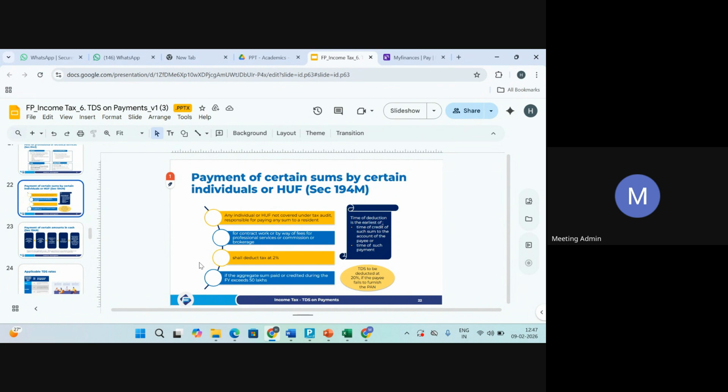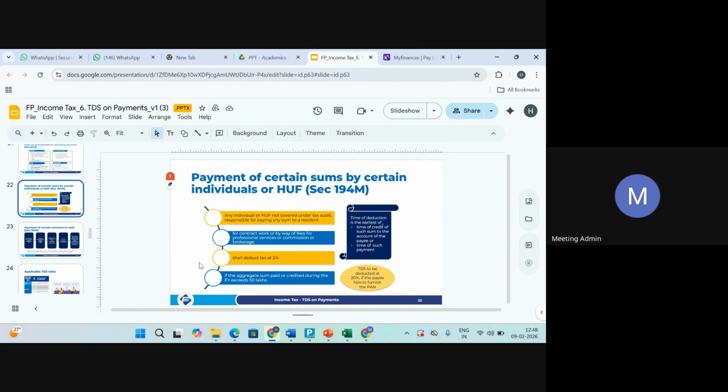For contract work, fees for professional services, commissions or brokerage, based on this criteria, as I have already told you, if they have got more than 1 crore in the business, then they are liable to pay.